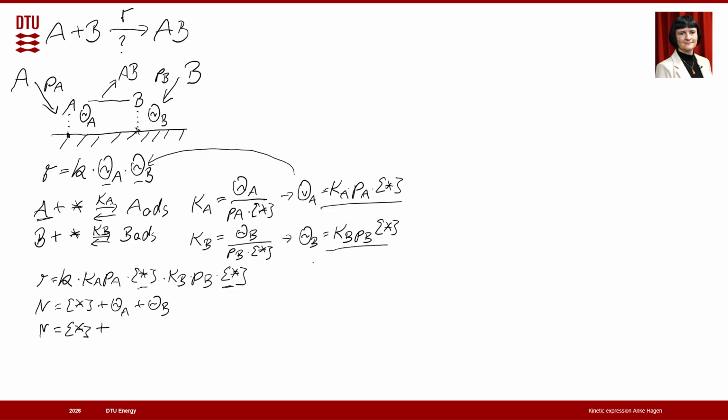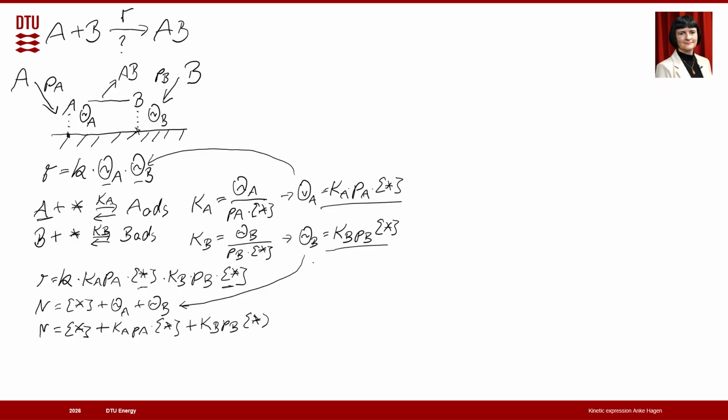So we use again for these concentrations the same expressions here. So we insert equilibrium constant times partial pressure times free sites plus, and for the B side we take the same for species B, equilibrium constant times partial pressure times free sites.